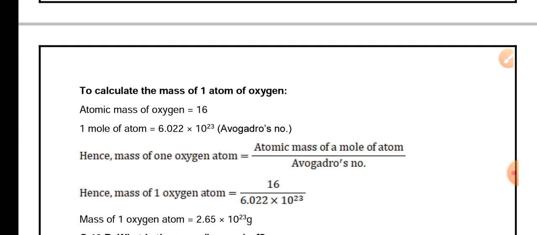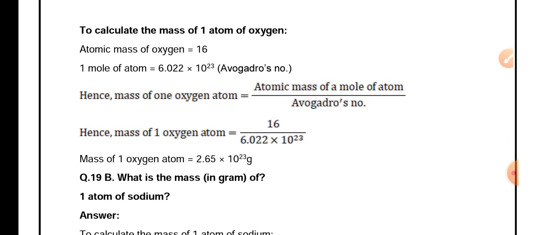Hence the mass of one atom is the atomic mass of a mole of atoms divided by the Avogadro number. So the mass of one oxygen atom is 16 divided by 6.022 into 10 to the power of 23, which is 2.65 into 10 to the power of minus 23 grams.